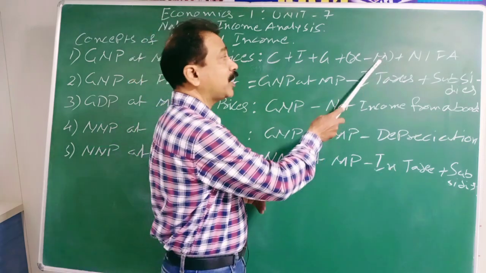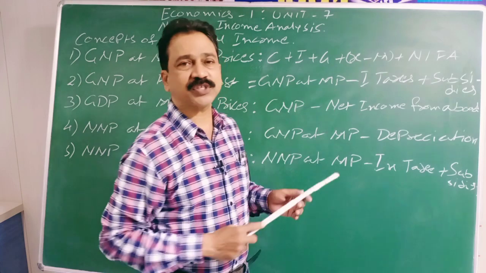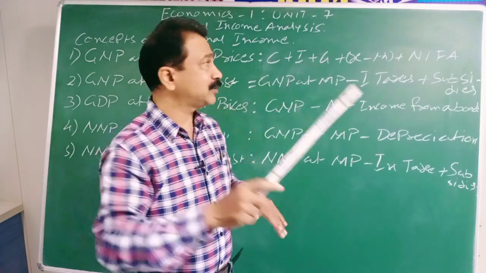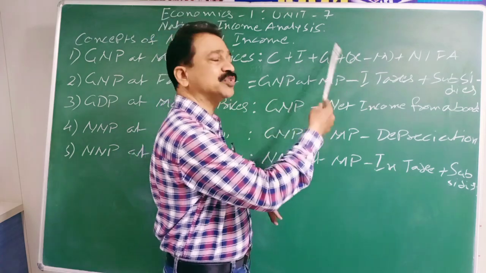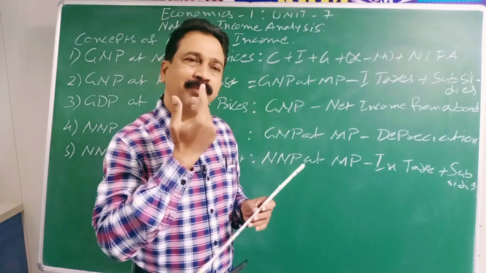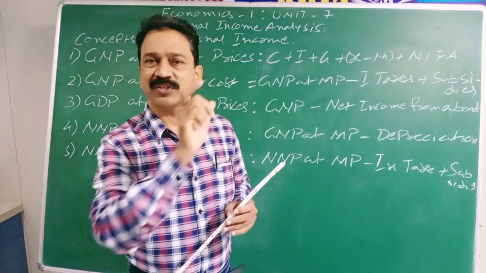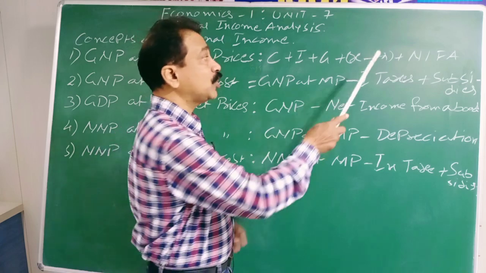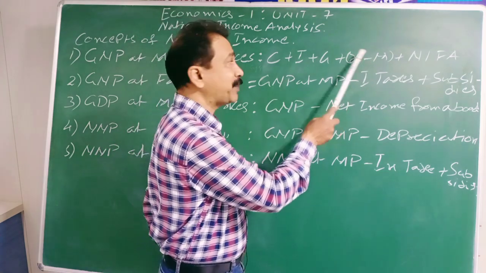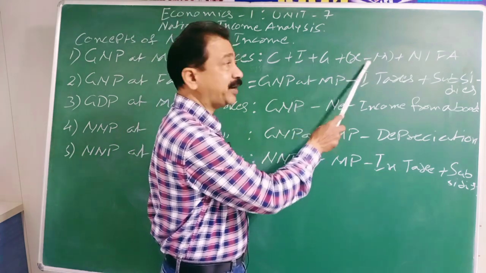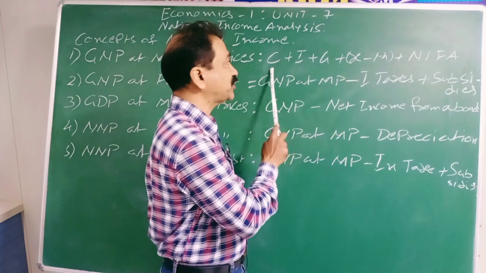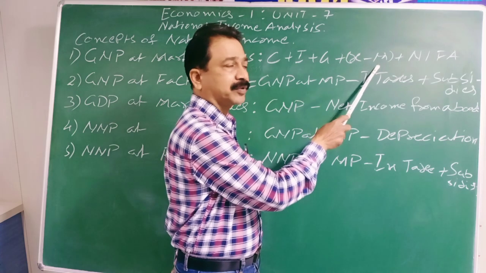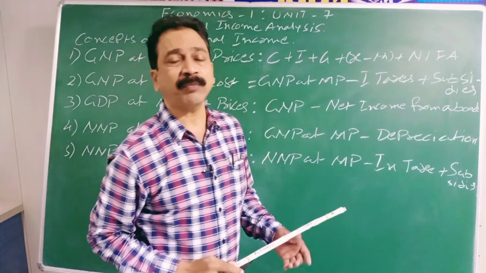If imports are greater than exports, exports are less and imports are more, then money goes out, which means it will be a deficit. Surplus, balanced and deficit. So this X minus M may be added or may not be added, sometimes even removed from C plus I plus G. That is exports minus imports, okay, plus net income from abroad.